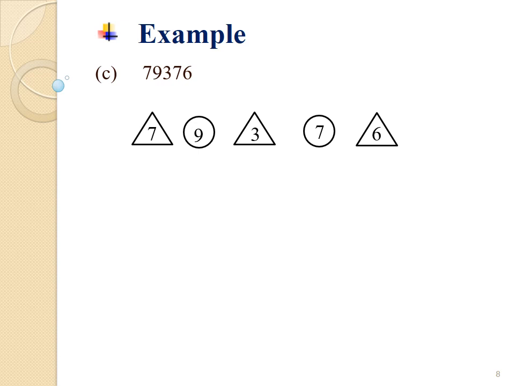So, now let us check whether 79,376 is divisible by 11 or not by following all the three steps. Step number 1. Sum of all the digits at odd places equals 7 plus 3 plus 6 equals 16.